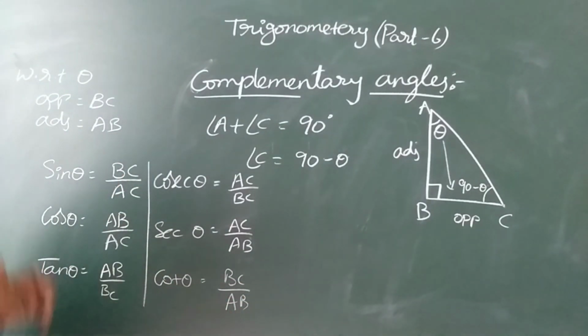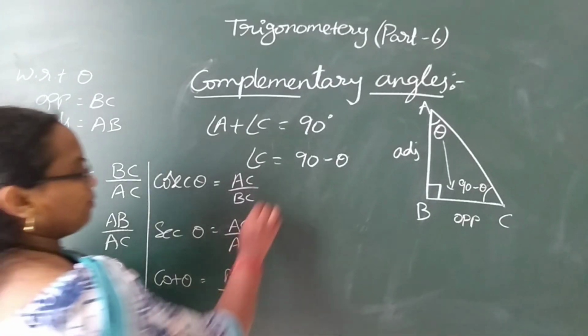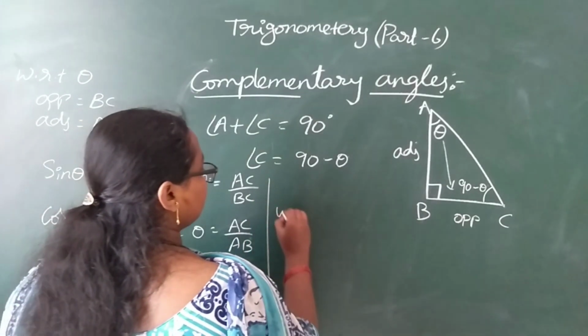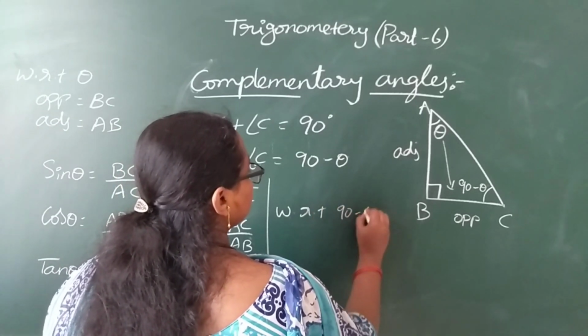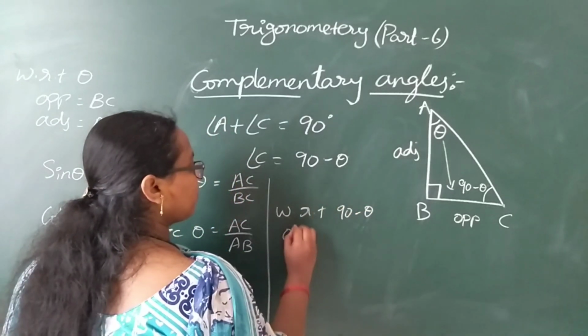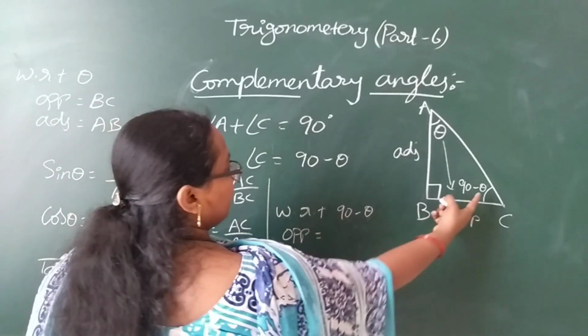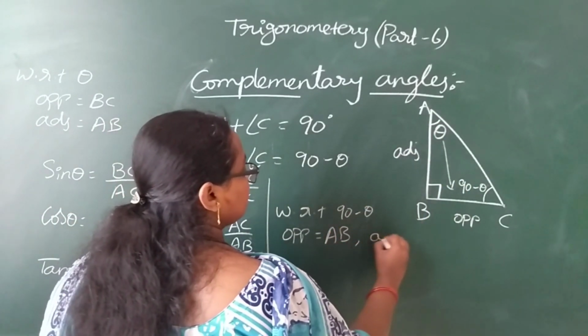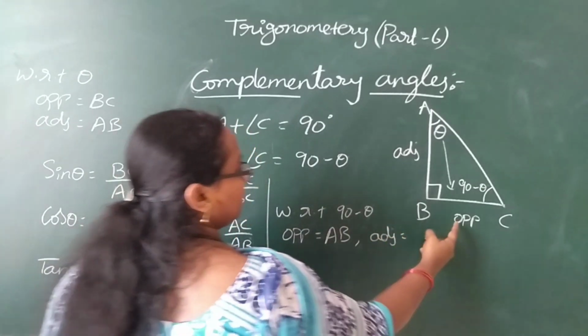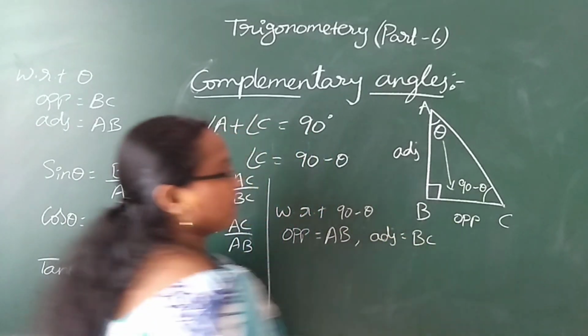Done. Now I am going to write with respect to 90 minus theta. Then the opposite side will be AB, and the adjacent side will be BC. Am I clear?